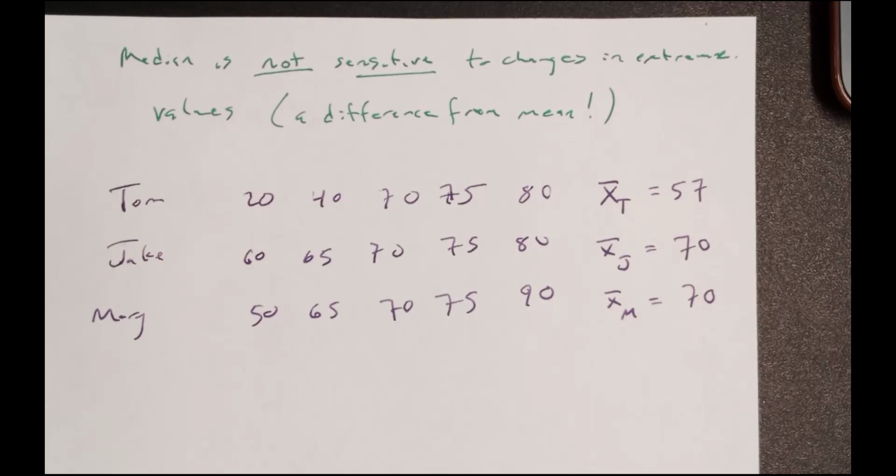I want to use median when those extremes are problems. So if I'm talking about salary, average doesn't seem to do a very good job if I've got one rich monk at the top and a bunch of peons, right?